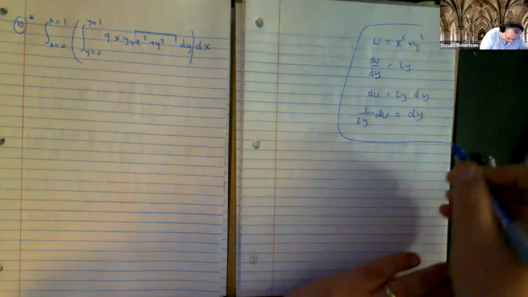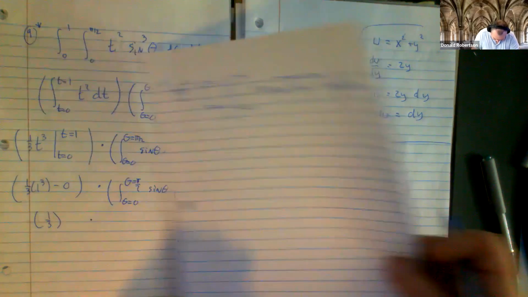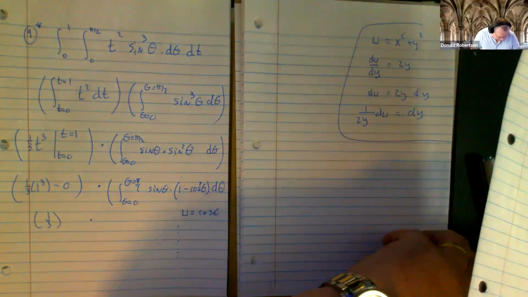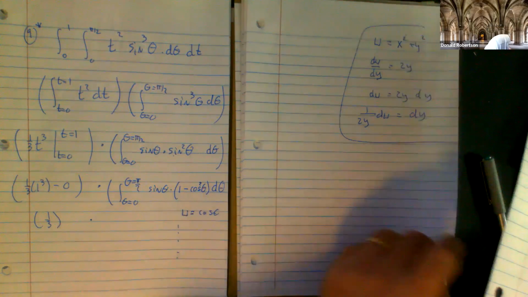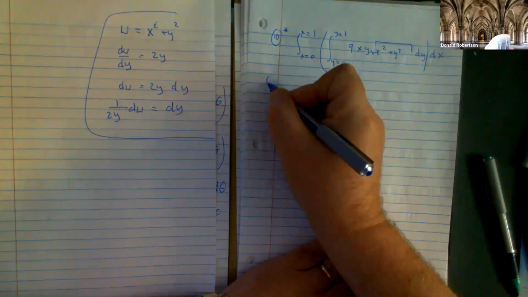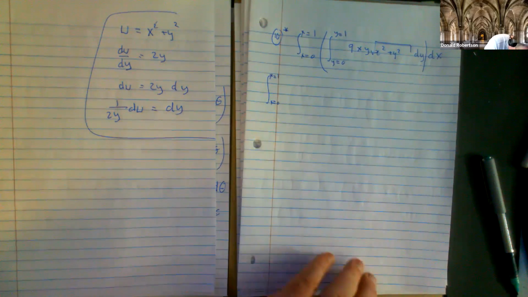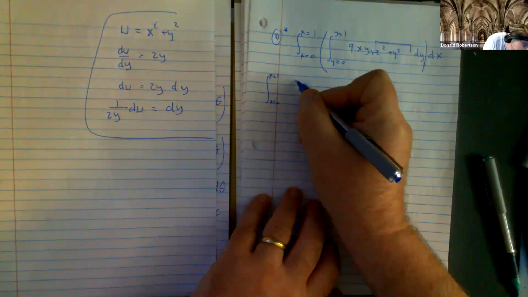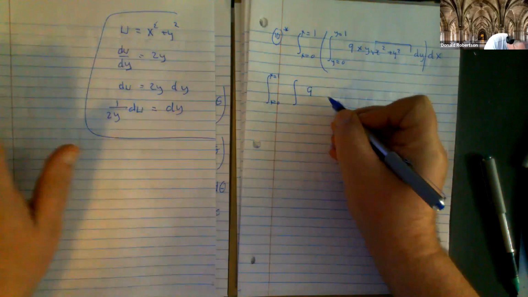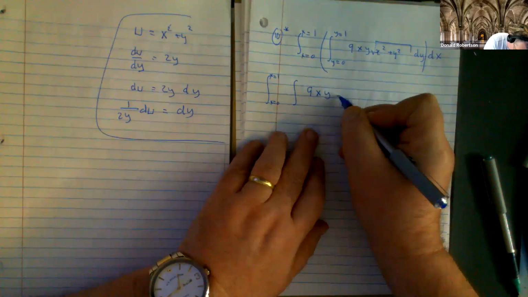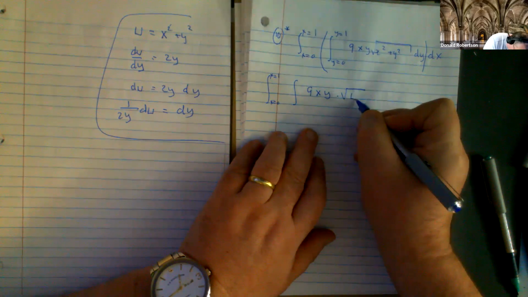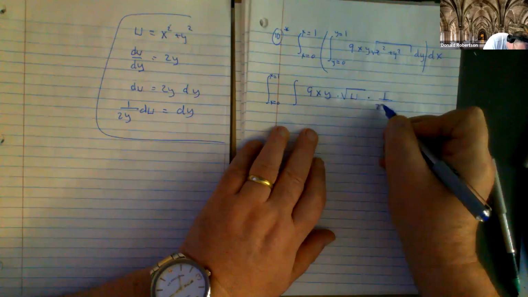So switching spaces, I like to write on the right hand side because that's where my good eye is. So it's going to be the integral from 0 to 1, and the integral of 9xy, the square root of u, 1 over 2y du.